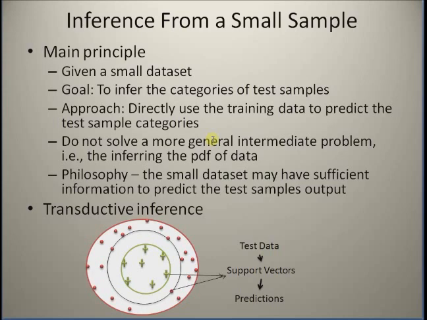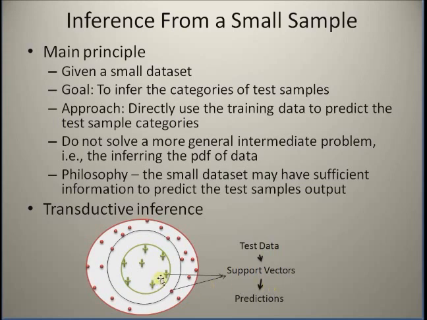So that is the main idea of transductive inference. For example, let us look at this plot. We have two classes shown in green and red, and this group is class 1 and this is class 2. These are not linearly separable, but they can be very well separated by using the concept of support vector machines. That is a good example of transductive inference.